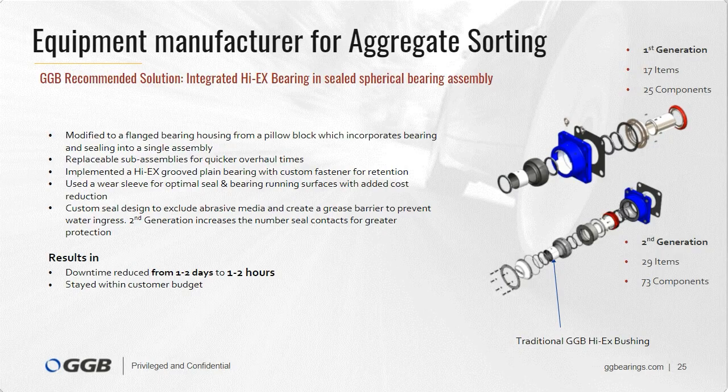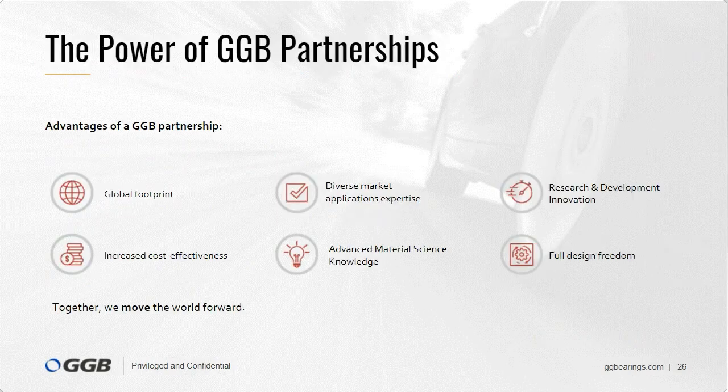So with that, just to summarize, GGB is looking to develop partnerships with our customers where we can step into the sandbox, understand what the needs are, try some things out, vet some ideas.